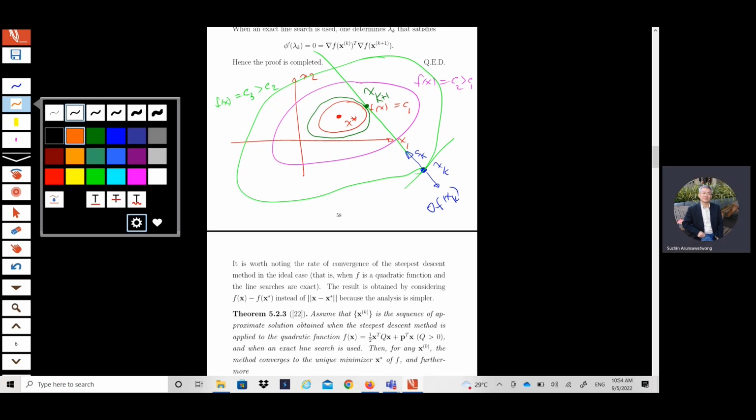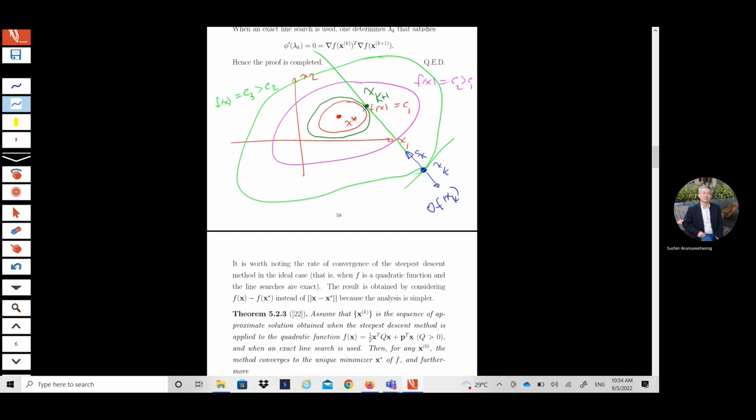I should use the blue. This is the search vector sk plus 1 of the steepest descent, right?